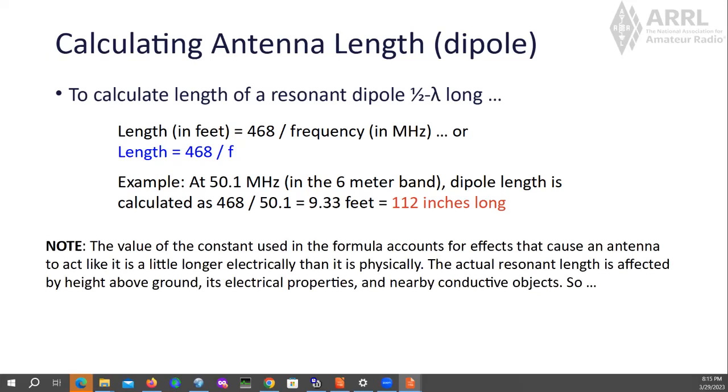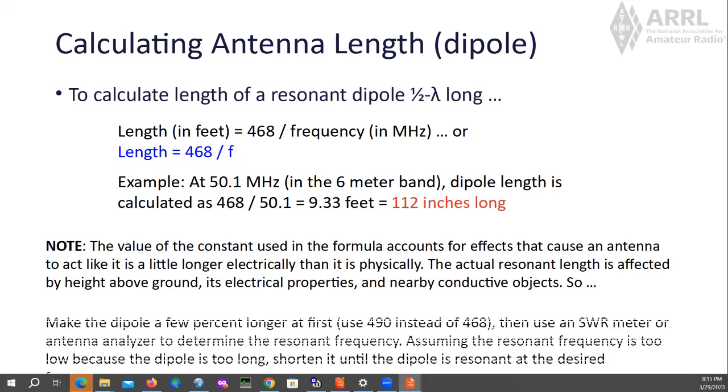The value of the constant used in the formula accounts for effects that cause an antenna to act like it is a little longer electrically than it is physically. The actual resonant length is affected by the height above ground, its electrical properties, and nearby conductive objects.